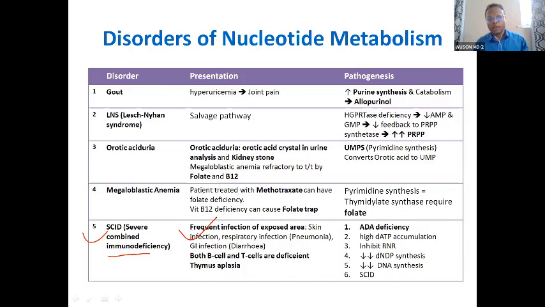Your GIT is exposed to the external environment, and your lungs are also exposed. Lungs, GIT, and skin will be infected first. So there will be diarrhea, pneumonia, and skin infection, skin rashes.